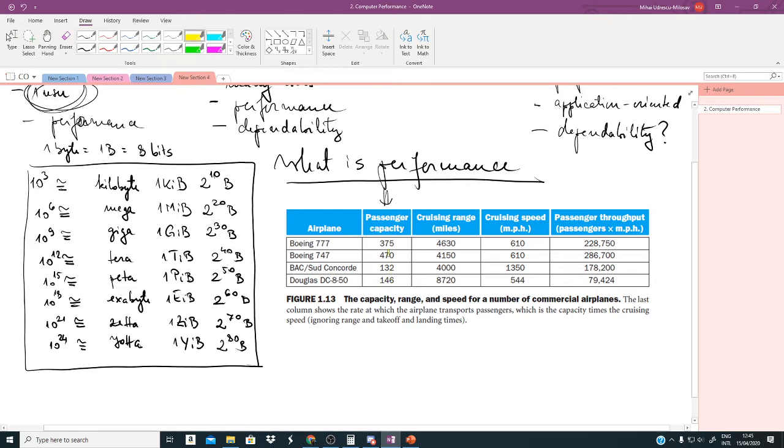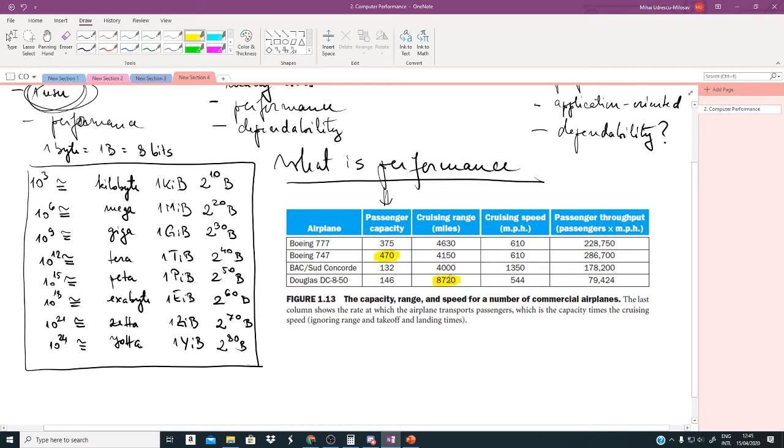Well, the best one is maybe the Boeing 747 because it has the biggest capacity, right? But when we are talking about the cruising range, that means the autonomy of the plane, the best one would be the Douglas DC, which is this guy.